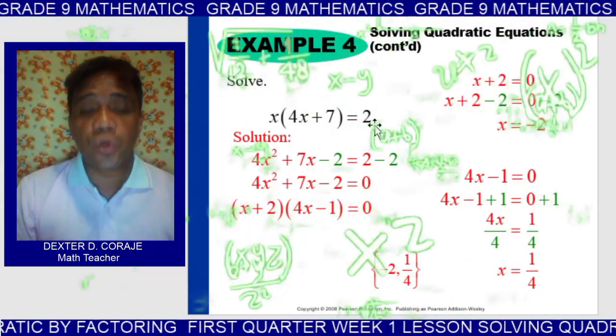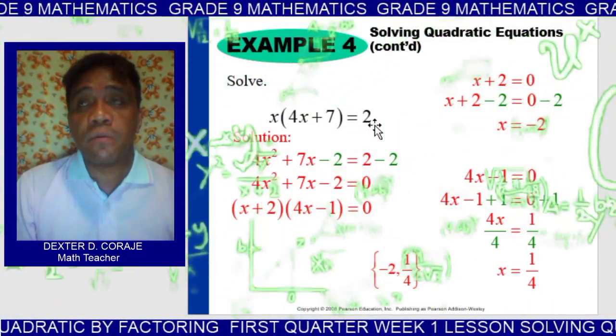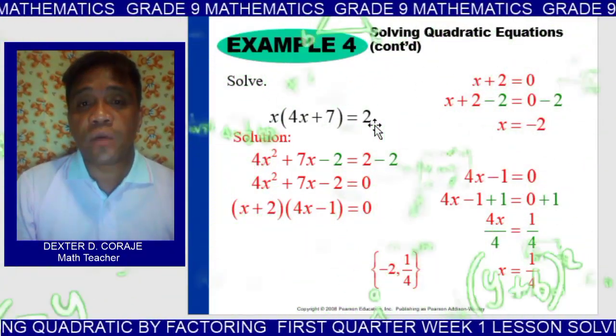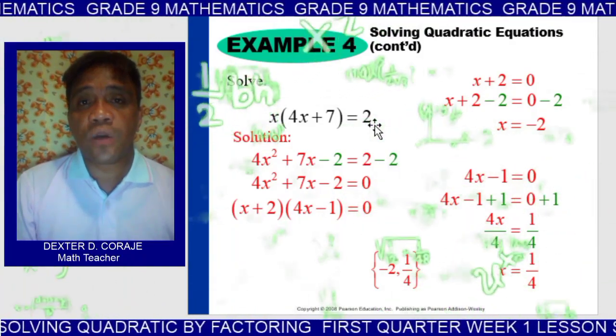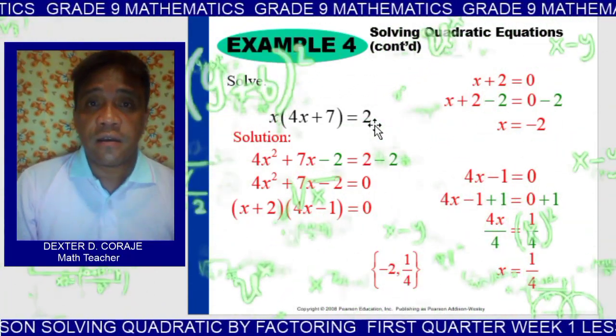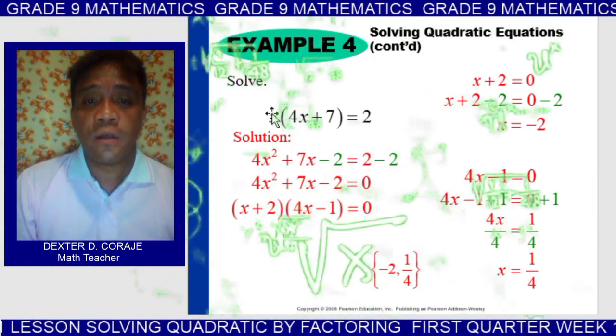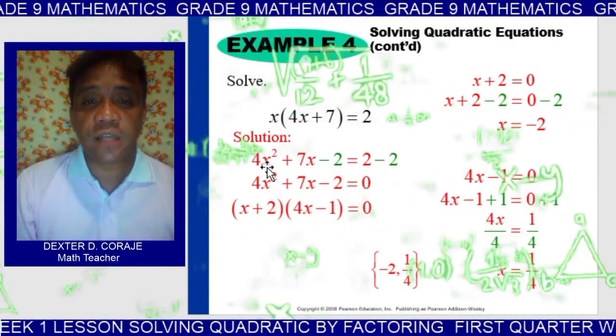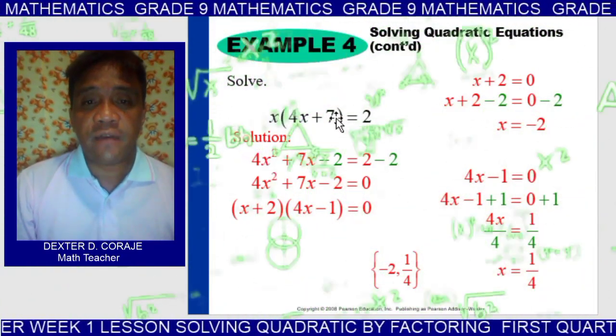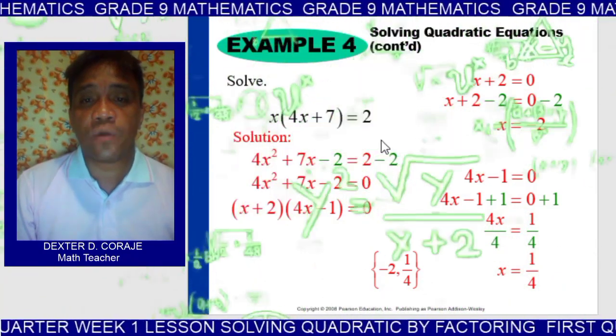So in short, expand first and transform into a quadratic equation in standard form. So x times 4x is 4x squared, x times 7 is 7x, is equal to 2.